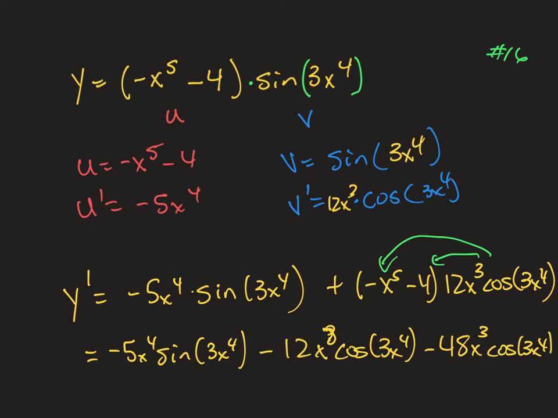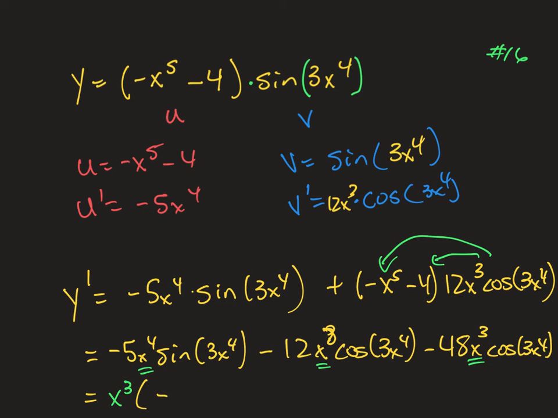And then in terms of the factoring, the only thing we can really do is, we've got an x to the fourth here and an x to the eighth here and an x cubed here, we can factor that out. So in the choices available to us, that's going to be what they did. They factored out an x cubed, and then they just wrote the rest of it down. I probably wouldn't simplify it this way if I were doing the problem.